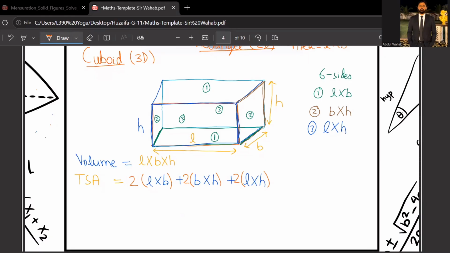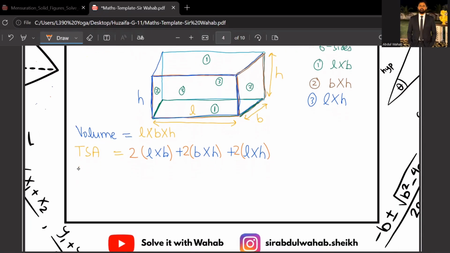Normally, a question comes in the paper saying there is a water tank, but the top, or the lid of the tank, is not present, or the water tank is open. Let's say the question says open tank. Open tank means it does not have the top portion, representing the first side.